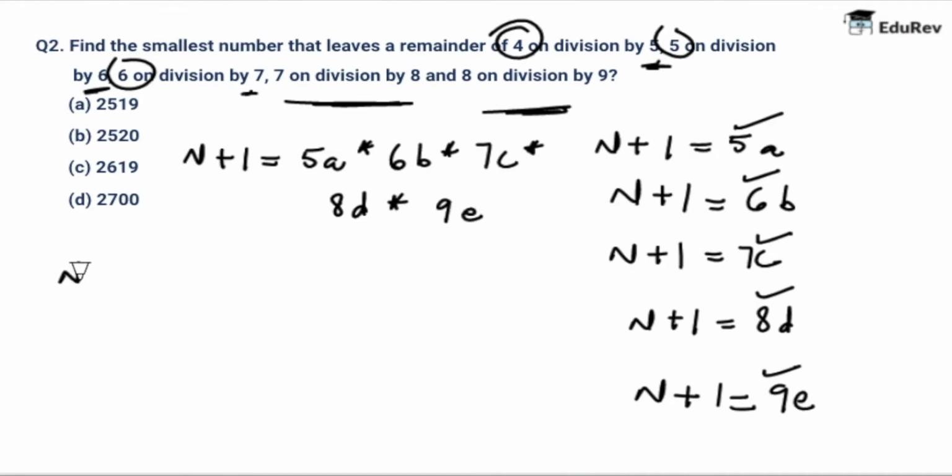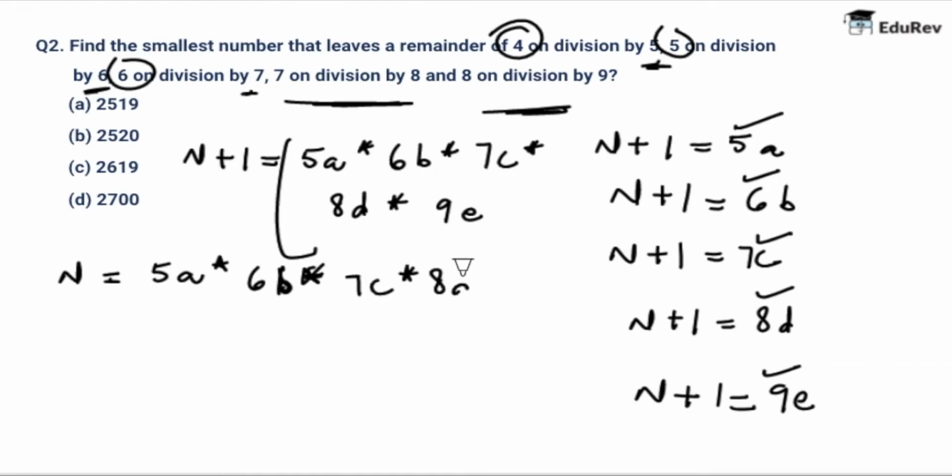Or I can say that n is this whole number, 5a into 6b into 7c into 8d into 9e, minus 1. Now the smallest value of n will be when we find the smallest common multiple of 5, 6, 7, 8 and 9, that is the LCM of 5, 6, 7, 8 and 9.